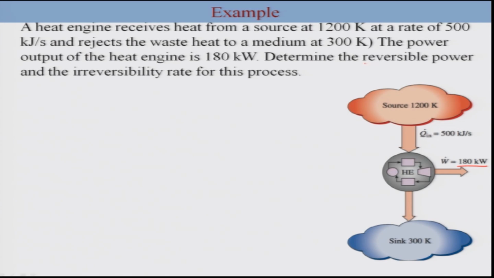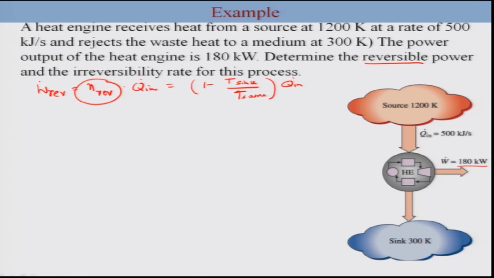In order to find the reversible power, we simply have to make use of the thermal efficiency for the reversible heat engine multiplied by Q in. Now, this is given in terms of T sink and T source, multiplied by Q in.